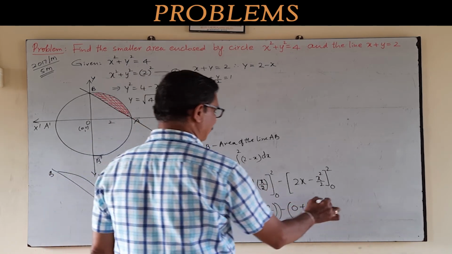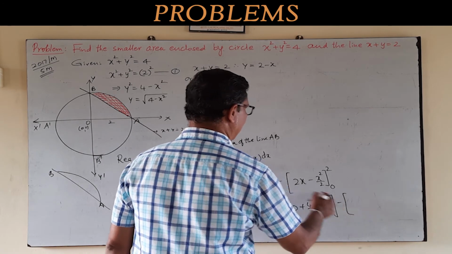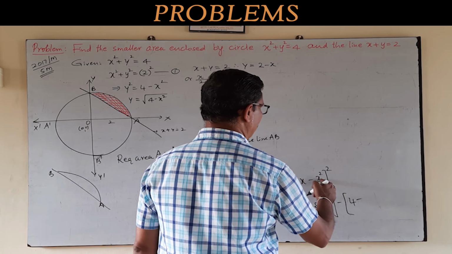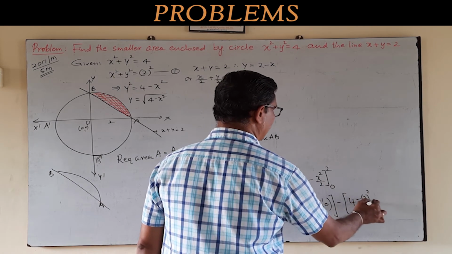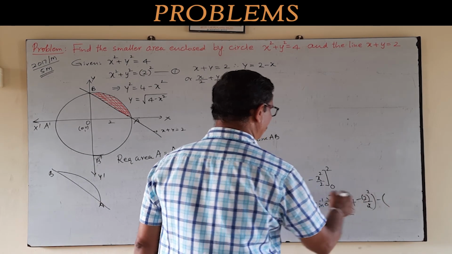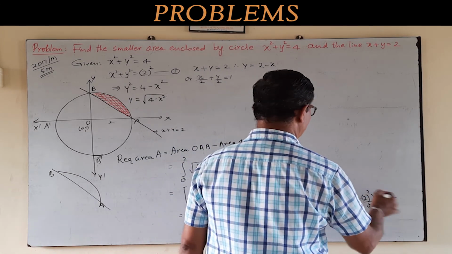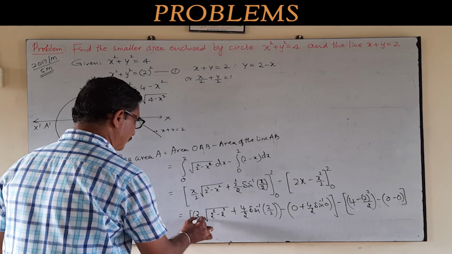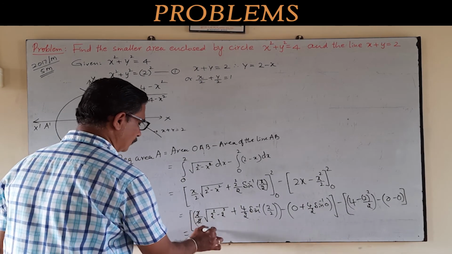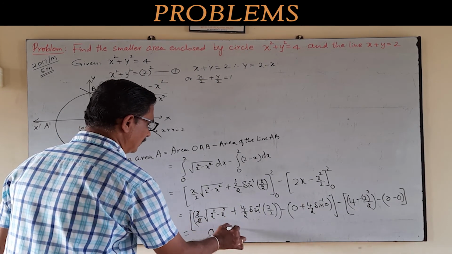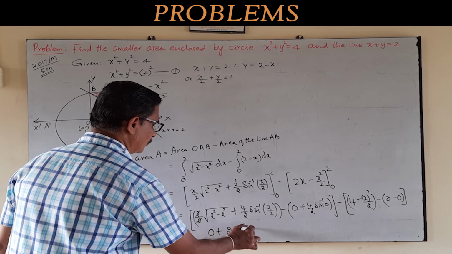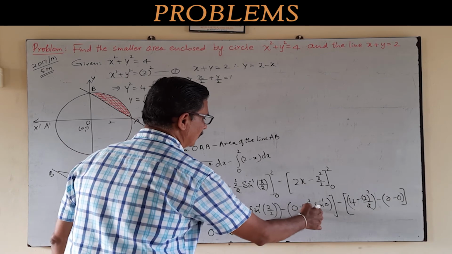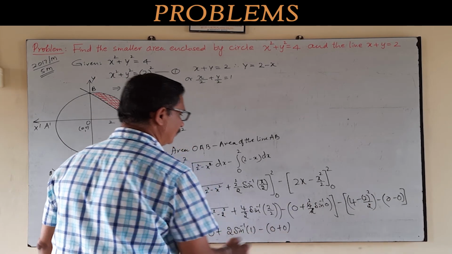This is the lower limit. Minus again the second part, put x equal to upper limit 2: 2 into 2, 4, minus 2 square by 2, minus the lower limit 2 into 0, 0, minus 0 square by 2 is 0. Okay, so 2 square minus 2 square cancels, 0; 4 by 2 is nothing but 2, sine inverse of 1 minus 0, sine inverse of 0 becomes again 0, right?